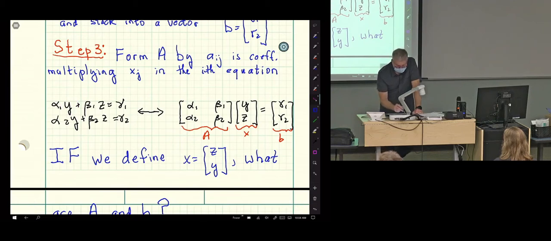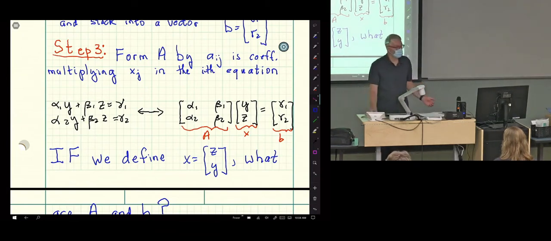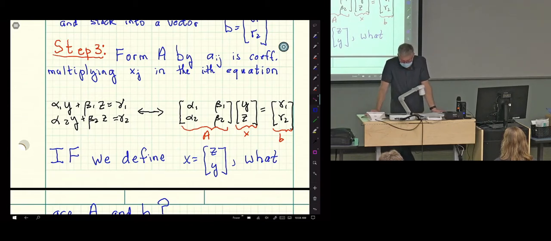A12 is the coefficient multiplying the second variable in the first row. A21 is the coefficient multiplying the first variable in the second row, and A22 is the coefficient multiplying the second variable in the second row. And we have succeeded in writing our equation in the form Ax equals b.